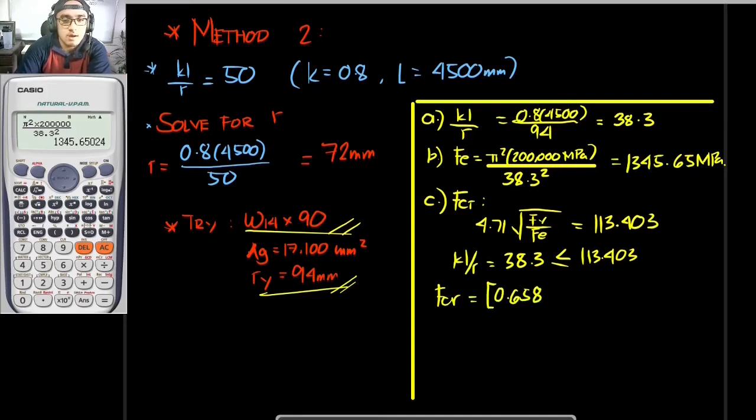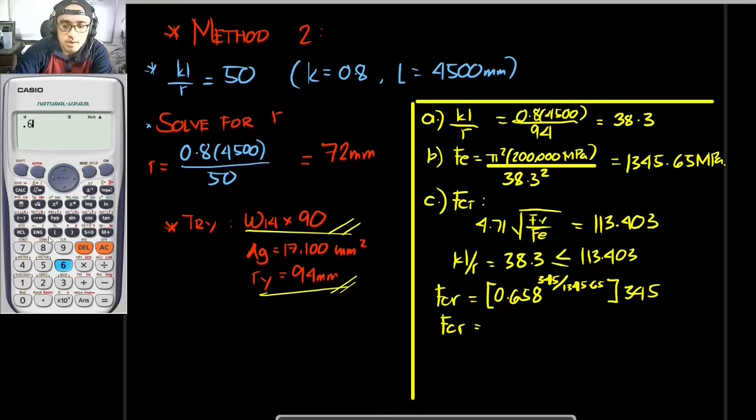So with that being said, our Fcr would still be 0.658 raised to Fy over Fe, times Fy. Our Fy is 345 divided by our Fe, 1345.65, then our answer is multiplied by Fy, 345.